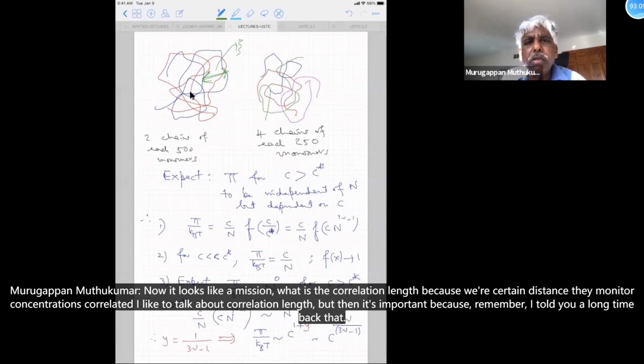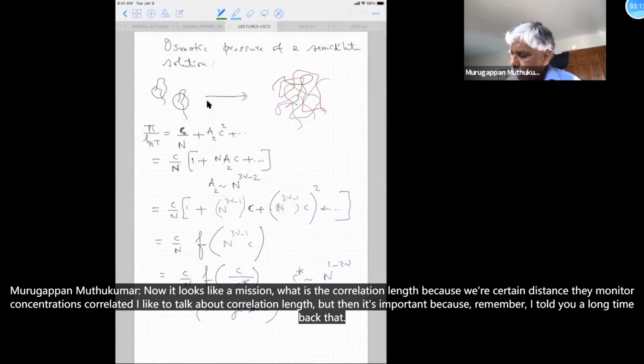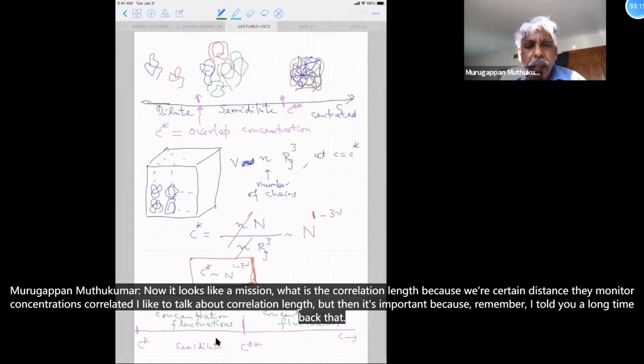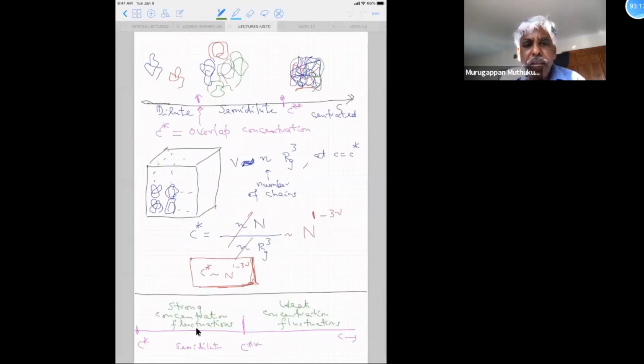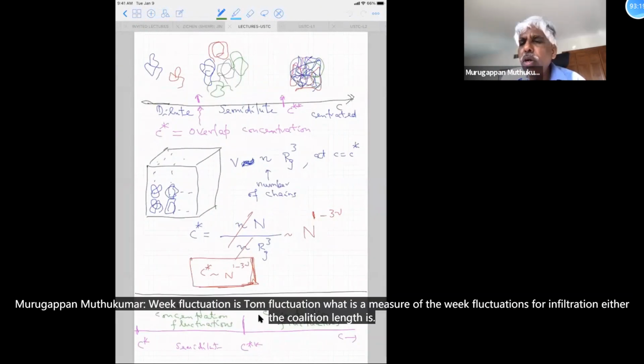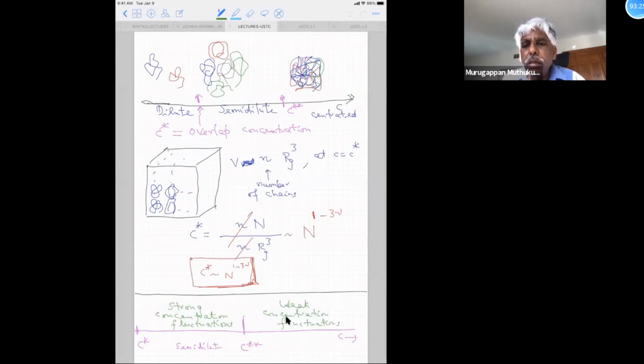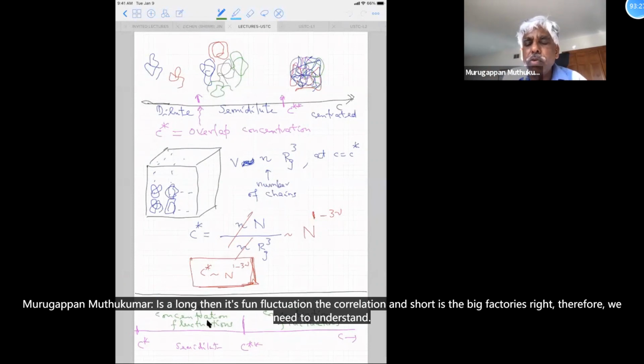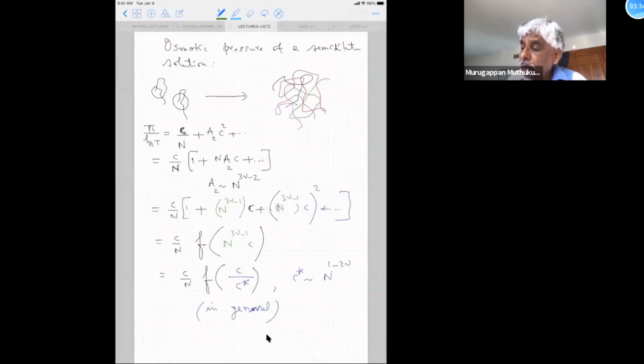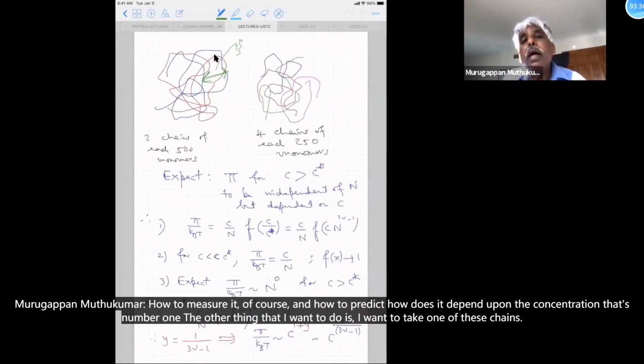This is important because remember I told you a long time back about weak fluctuation and strong fluctuation. What is a measure of weak or strong fluctuation? If the correlation length is long, then it's strong fluctuation. If the correlation length is short, it's a weak fluctuation, right? Therefore, we need to understand how to measure it, of course, and how to predict it. How does it depend upon the concentration?